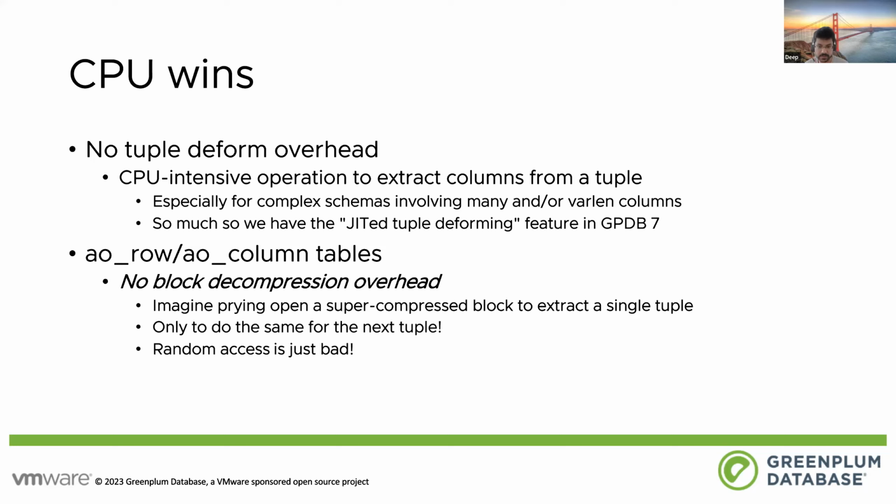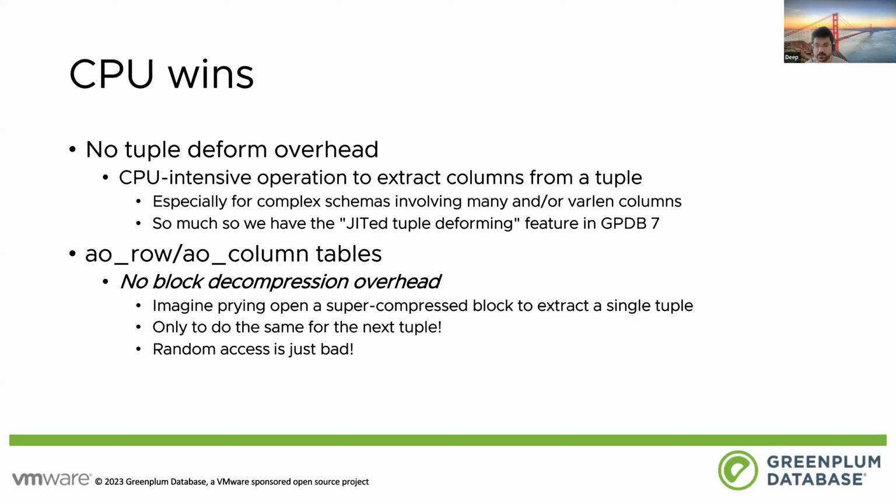There can be a lot of branches. It's an involved process. There are a lot of conditions, a lot of things that you have to look at: data types, variable length types, etc. It's not very friendly for branch prediction and so on. And in fact, it is so significantly expensive that we even have a feature in GPDB 7, which is JIT tuple deforming, which helps you optimize tuple deformation.